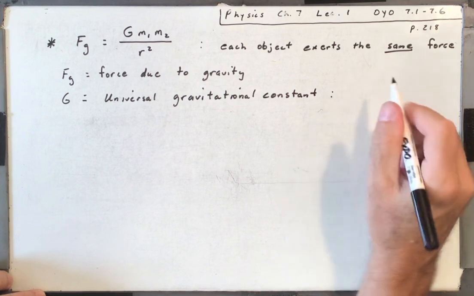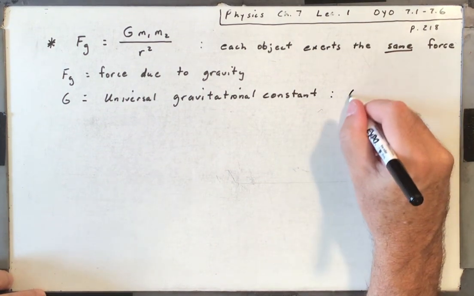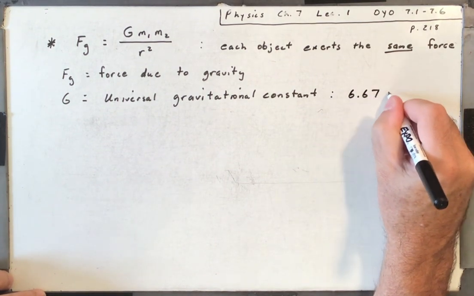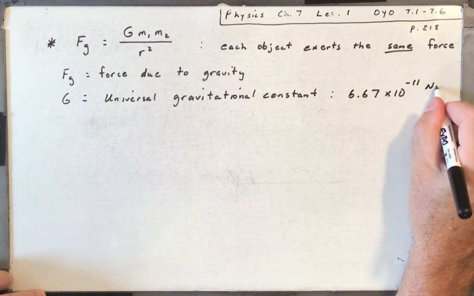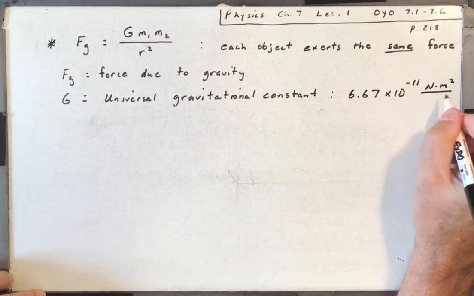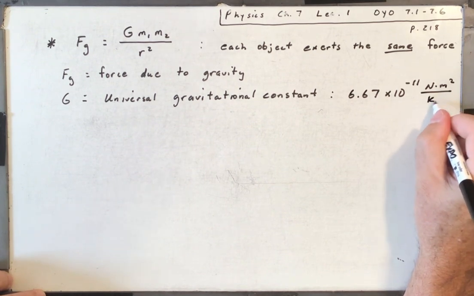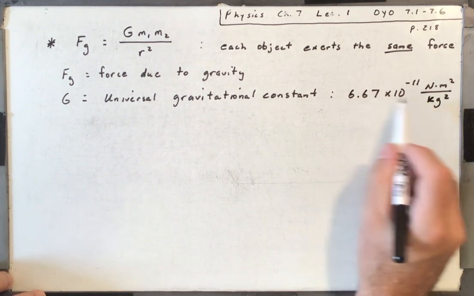And that number you do not have to memorize. I'll give it to you. It's 6.67 times 10 to the minus 11 Newton meters squared per kilogram squared. That will be given to you.